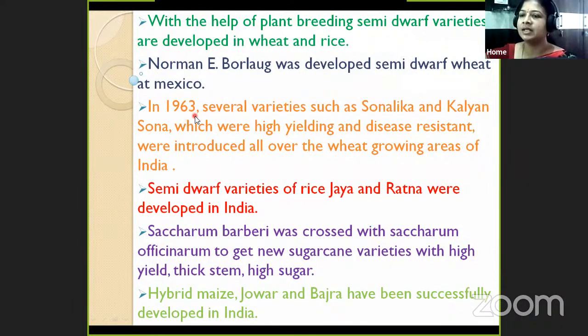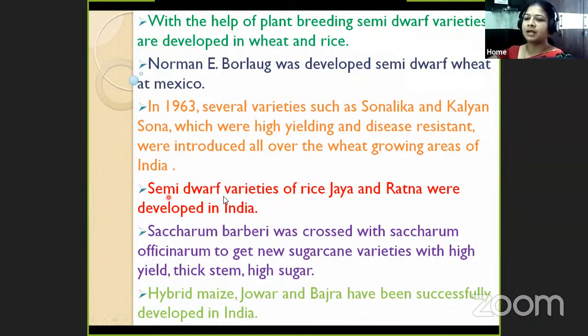In 1963, several wheat varieties such as Sonalika and Kalyan Sona, which were high yielding and disease resistant, were introduced all over the wheat growing areas of India by M.S. Swaminathan.